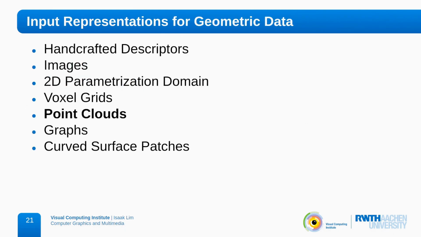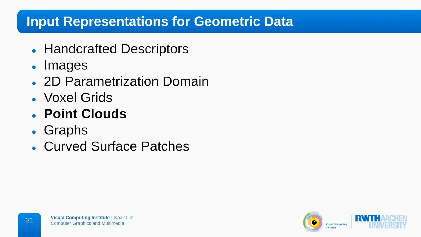A very popular choice at the moment to represent geometric data as input for neural networks are point clouds. And this is because, on the one hand, if we consider 3D scanners, they directly produce point clouds.